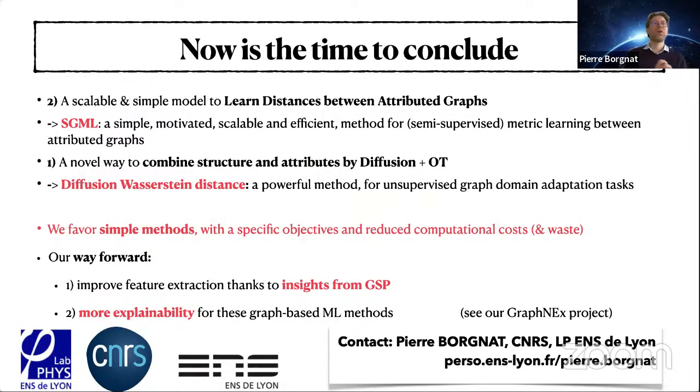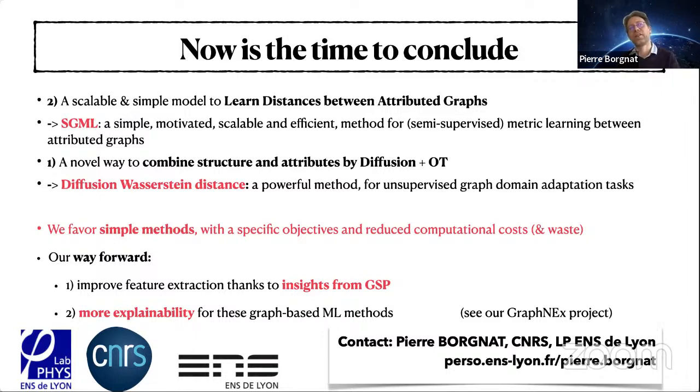So, time to conclude. In addition to the conclusion about the method that we have proposed, we are showing an instance of a way to combine graph signal processing and optimal transport to solve machine learning tasks on attributed graphs. The idea is that when focusing on simple methods and specific objectives, we are able to propose methods with computational cost which is at least reduced or controlled.